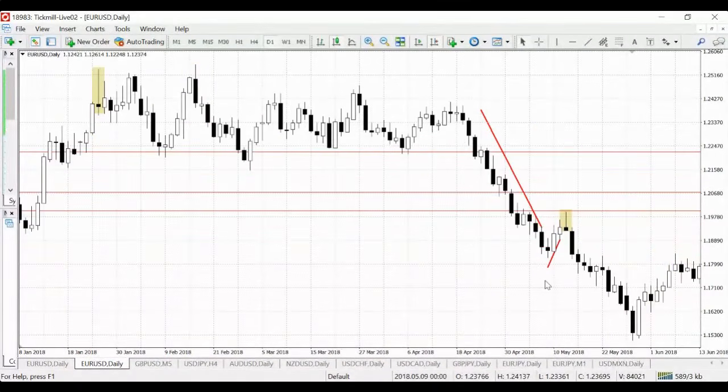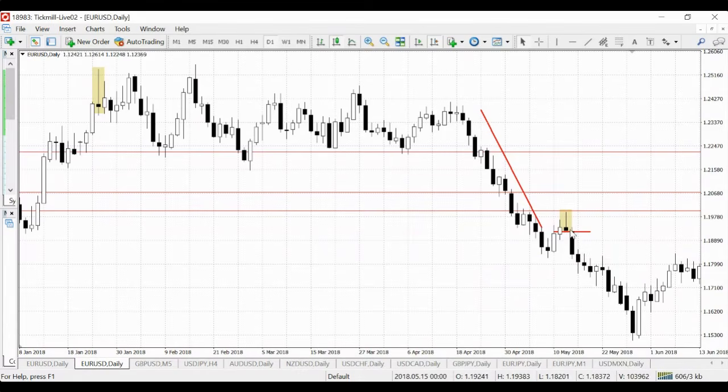The way I trade pin bars is not the only way, but it's the way I like to trade them. In this case, I would place a sell stop order. I want to get triggered into the trade with the confirmation of the price going in the direction I want to go.